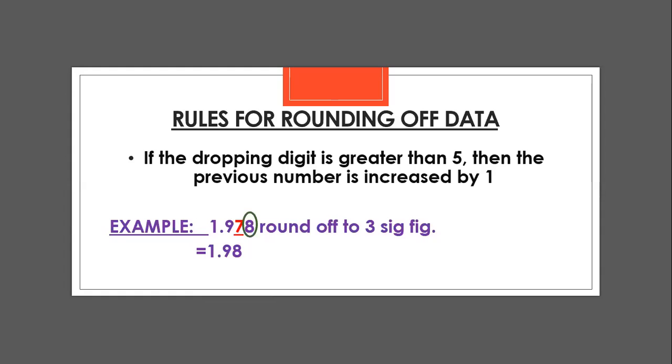So the previous number is increased by 1. My 7 adds up, and I get the final answer as 1.98. 1.98 has 3 significant figures in it, 1, 9, and 8.